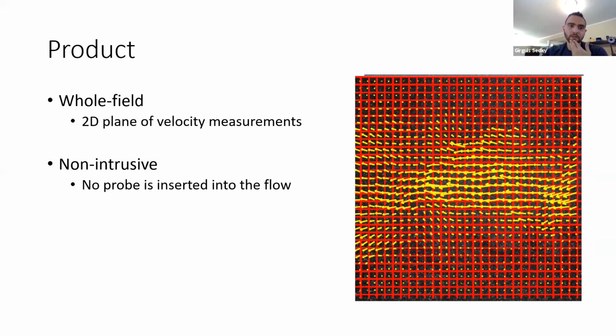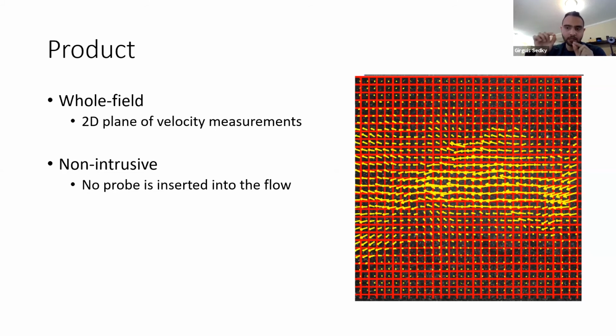So the advantages of that: you get a whole field image. For example, there are other flow measurement techniques like hot wire or laser interferometer, LDI.